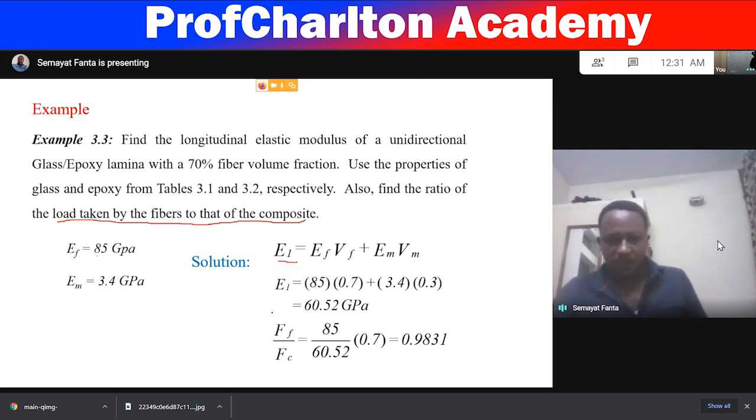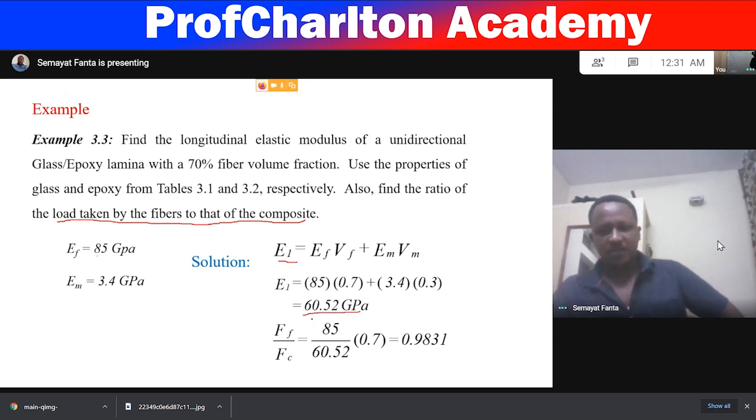using this formula, EF, the force in the fiber over the force in the composite, that is the load taken by the fibers relative to the composite, is 8.5 over 60.5. That 60.5 is E1.